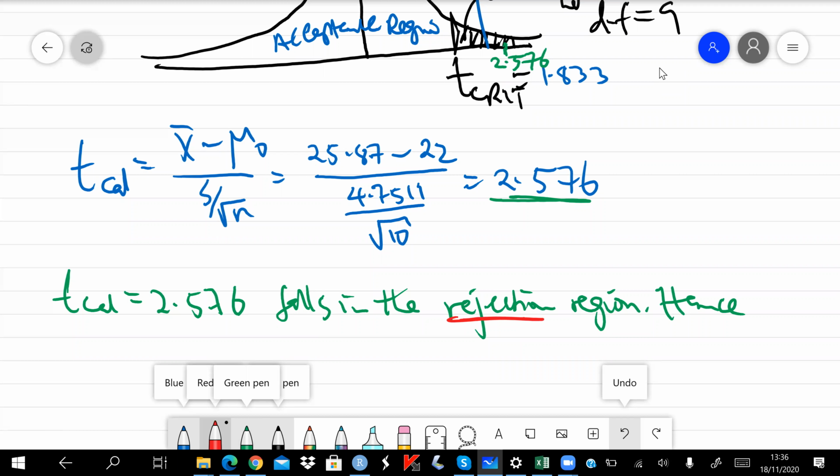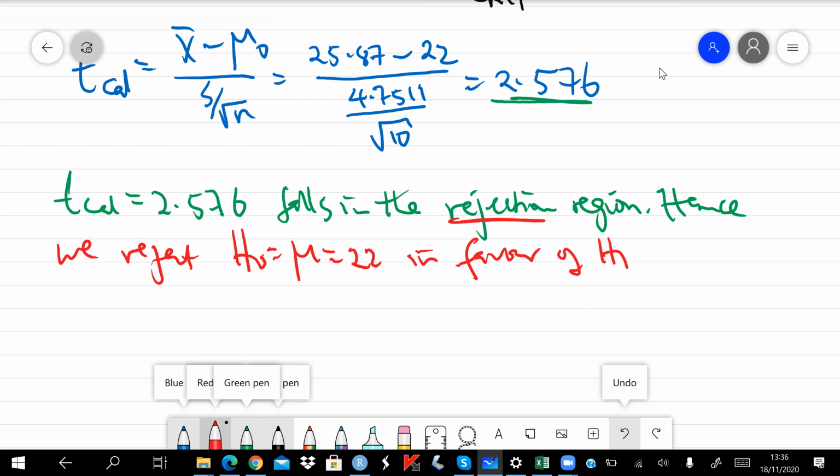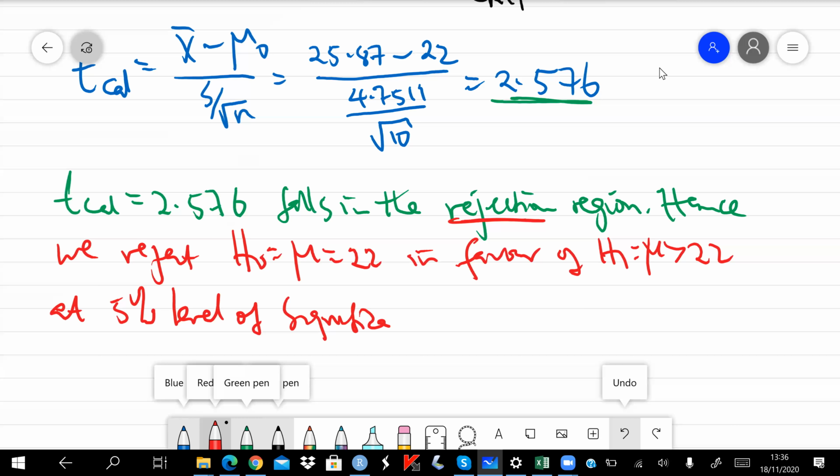We reject H naught that mu is equal to 22 in favor of H1 that mu has increased from 22 at 5% level of significance.